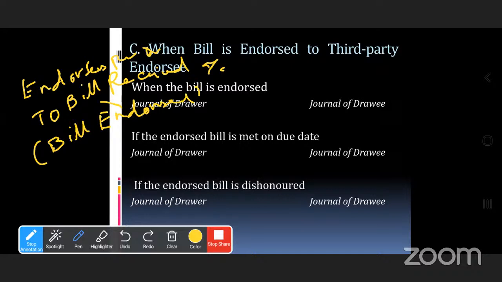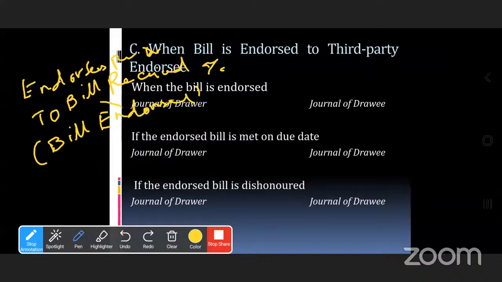So coming to the books of the drawer, there is no entry because they are liable to pay the bill only on the due date. Whether it is endorsed or discounted or not, he has no option. That means he has to pay the amount on the due date. If the drawer holds the bill till the due date, the drawee will be paying the amount to the drawer.